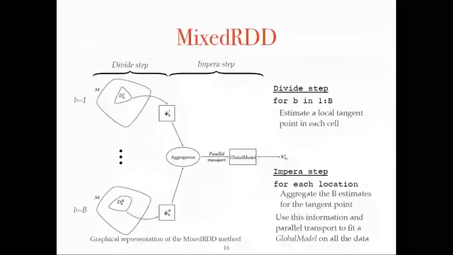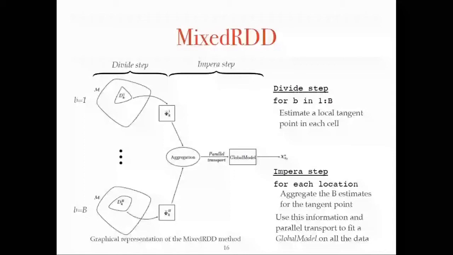see how this innovative method, referred to as mixed RDD, applies this concept. The procedure still exploits RDD, but only to define for each location a fictitious tangent point. This point represents the mean local value of the field, but it's not used to build a tangent plane where to fit the model. It is only the starting point to parallelly transport that datum on a common vector space.